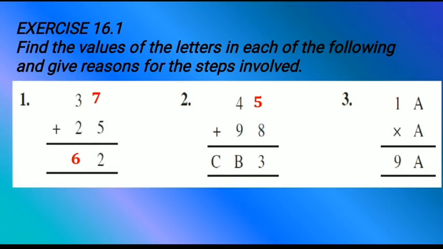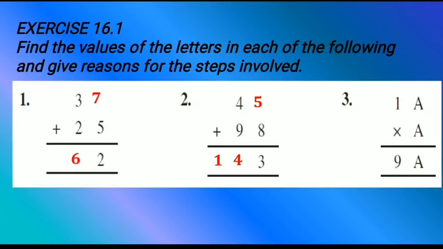So carry over 1 plus 4 plus 9 gives you 14, and it is 4 in the answer place. Now the carry over 1 is your C. That is why C would get 1. Here A is 5, B is 4 and C is 1.